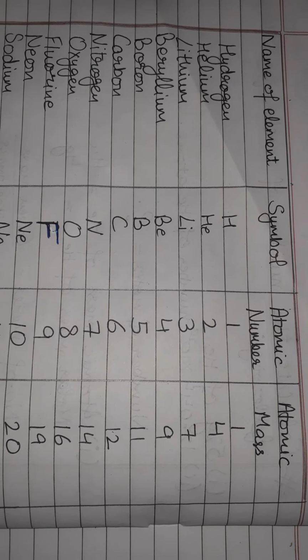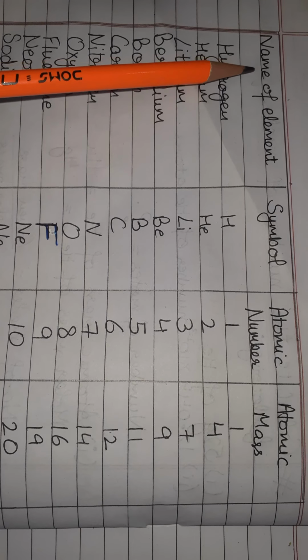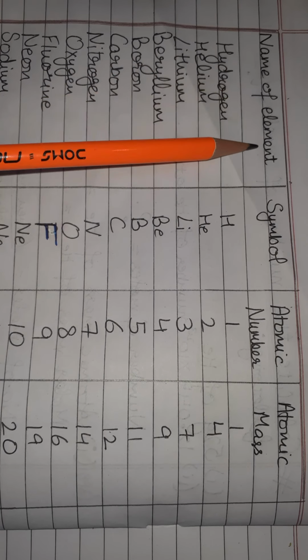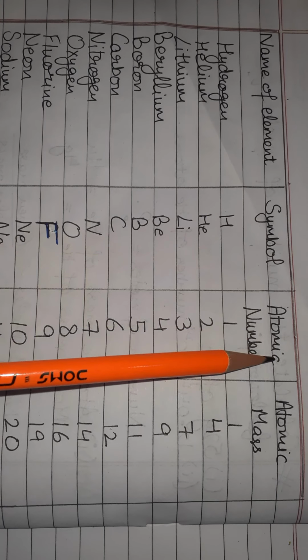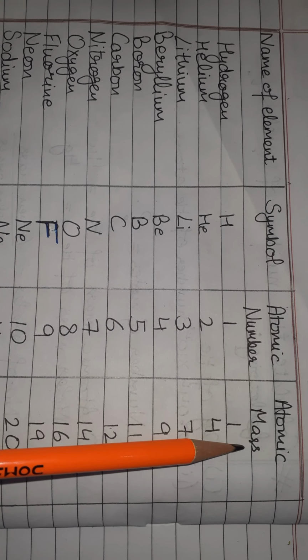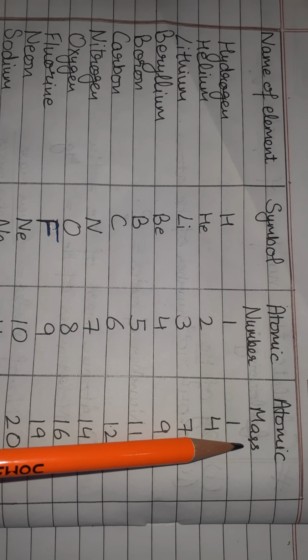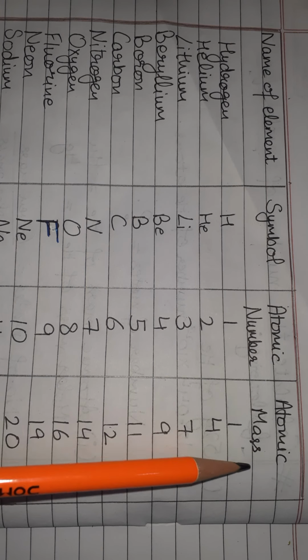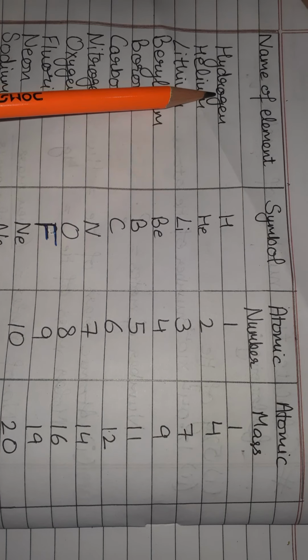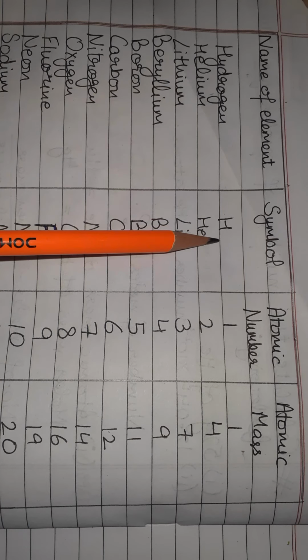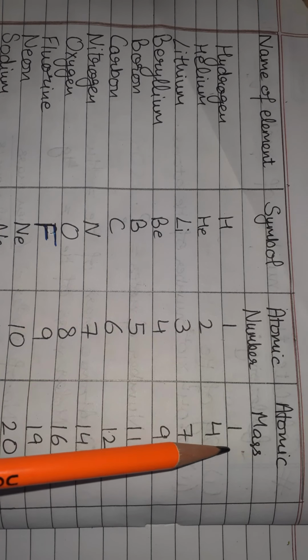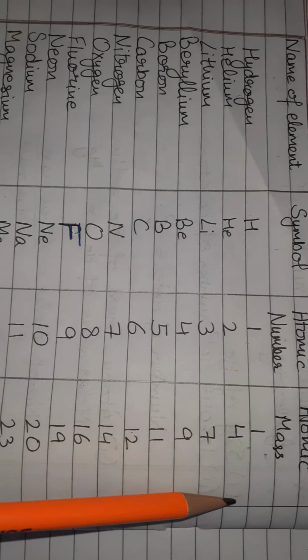Now students, see, these are the name of element, symbol, atomic number and atomic masses. I have given this for 20 elements, the first 20 elements starting with hydrogen. Its atomic number is 1 and atomic mass is 1.